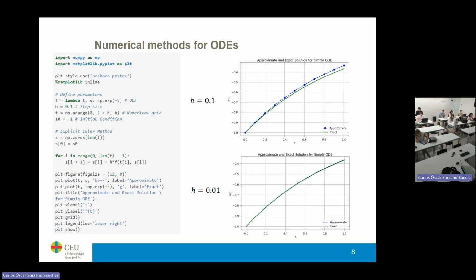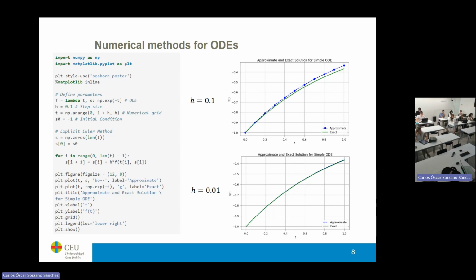We are solving this equation: the derivative of y of t is minus exponential of minus t. Was it minus t or t? Minus t. Okay. So this is the equation that we want to solve for y. We want to find y that satisfies that.